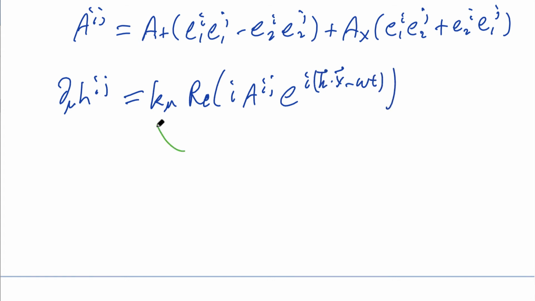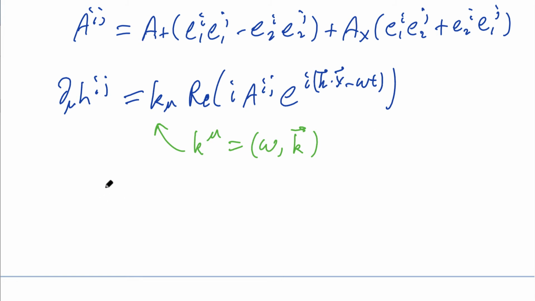And here, the space-time wave vector, k upper mu, just has its time component as omega, and its spatial components are k vector. The index here is lowered with the flat Minkowski metric, and that just puts an extra minus sign into the time component. And of course we're assuming that the space-time wave vector is real, so that allows us to bring k mu outside of the real part of this expression.